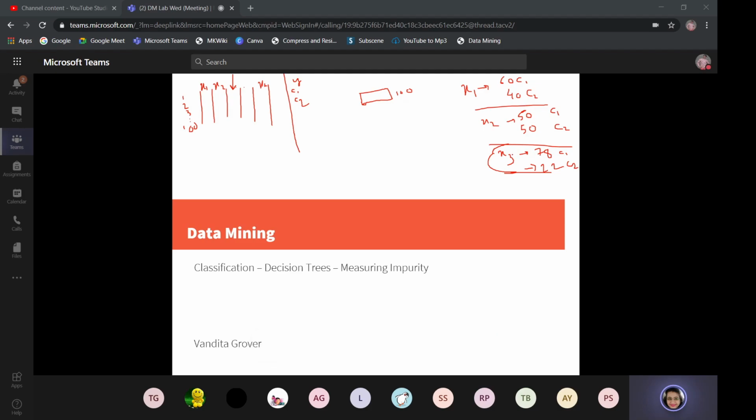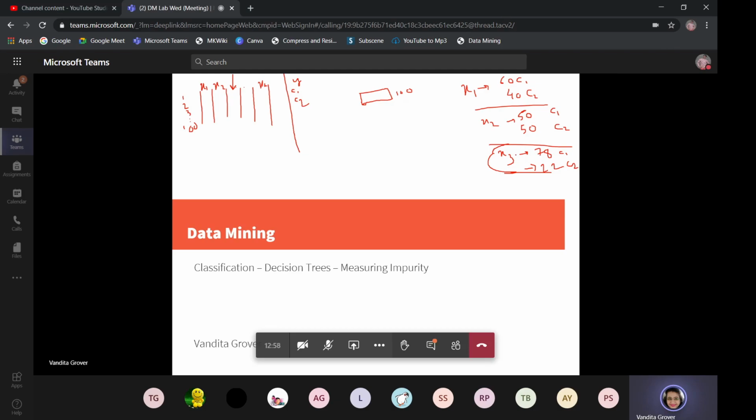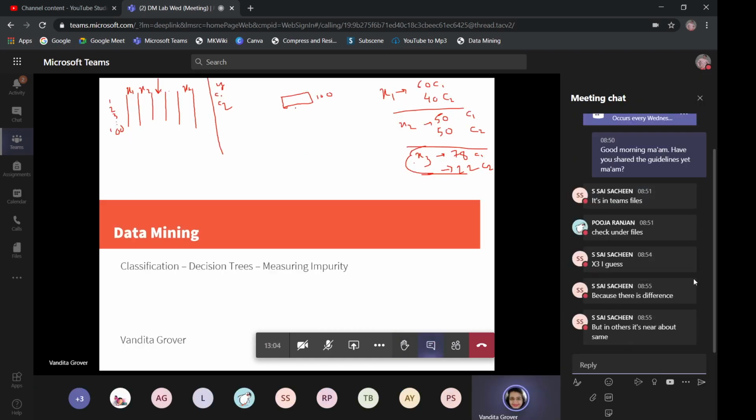But in X3, more records are going to C1. So that means it is giving me more information. Probably these classes are more dependent on x3 as compared to x1 or x2. So at this point of time, I will choose x3 to split.